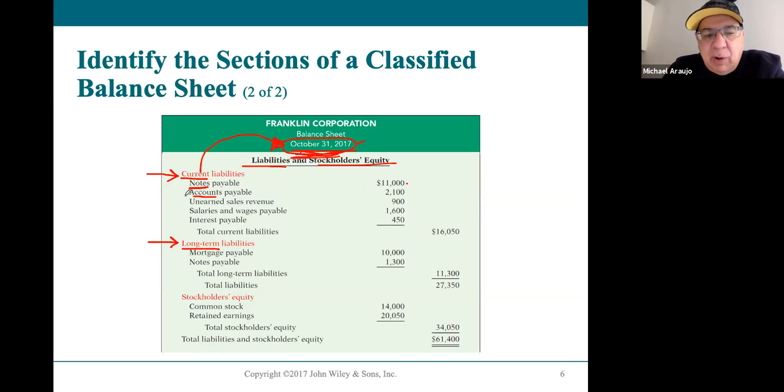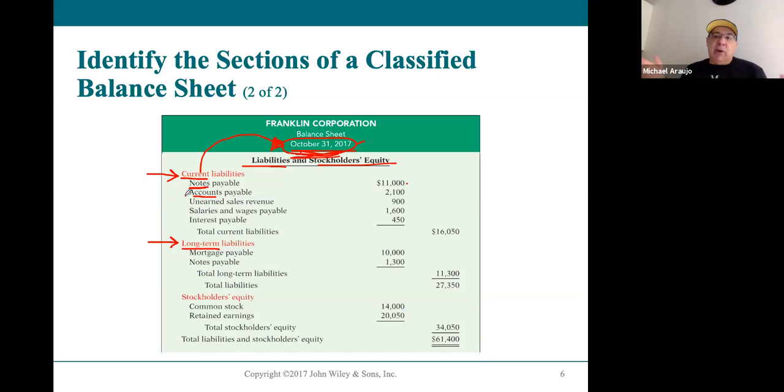Accounts payable is basically any bill you have due within 30 days. That happens when you buy inventory or supplies, and they let you pay later. You can take all the stuff with you and they give you a bill. That bill becomes an accounts payable. They want that money within 30 days.